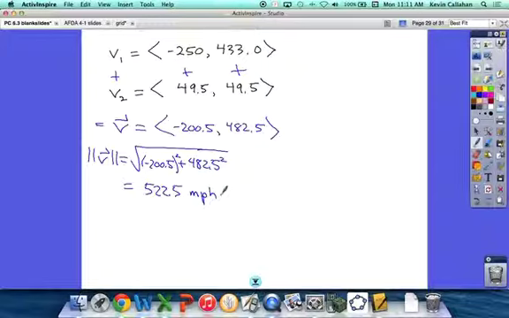Theta equals, say again? Not V2 over V1. Tan inverse of V2 over V1, right? So 482.5 divided by negative 200.5.